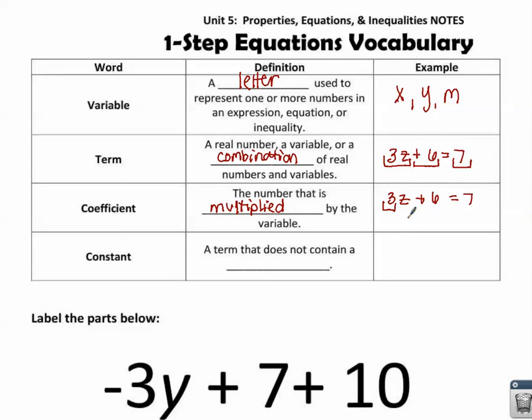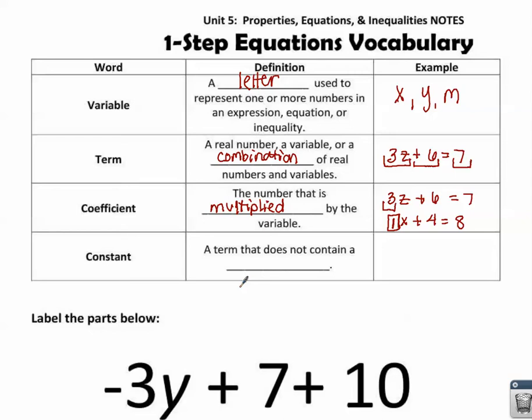Keep in mind, if you had the example x plus 4 equals 8, the coefficient in this case, since there is none written, is called the invisible coefficient, and it's 1. So anytime you just have the variable, such as above here, it's 1x, 1y, 1m. You don't have to write it though.